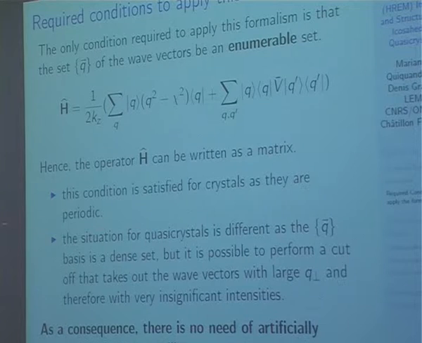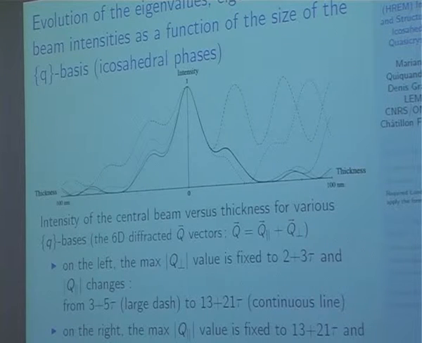in the dynamical calculations of quasicrystals. Now I show you the evolution of the intensity of the central beam as a function of the thickness for various Q bases. So I recall the 6D diffracted Q vectors as a parallel component and a perpendicular component.